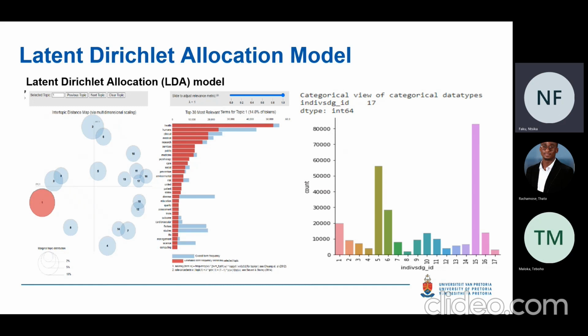This is also corroborated by the LDA model on the left side of our screen, where topics 1 to 4 cover the largest area on the map. The keyword health that was searched in the SVD model belonged to the dominant SDG, for example, SDG 15, and also belonged to the dominant topic, for example, topic 1 from the LDA model.